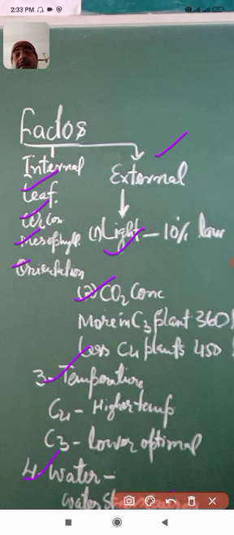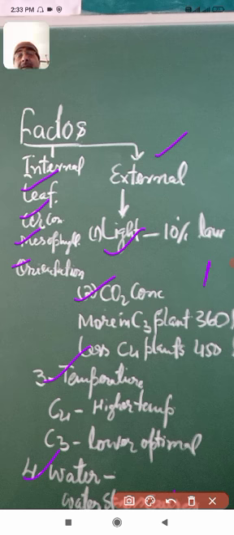So for light, there is a limitation, only 10% gets absorbed, as per the law of limiting factors. More than 10% will be wastage and that will be harmful.